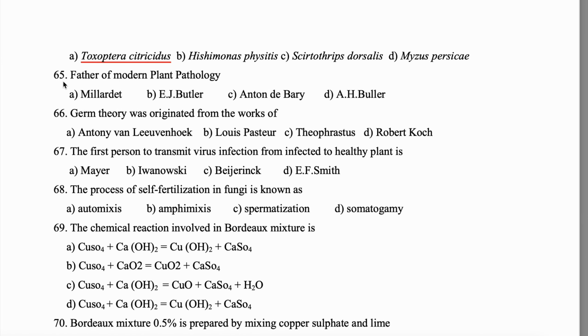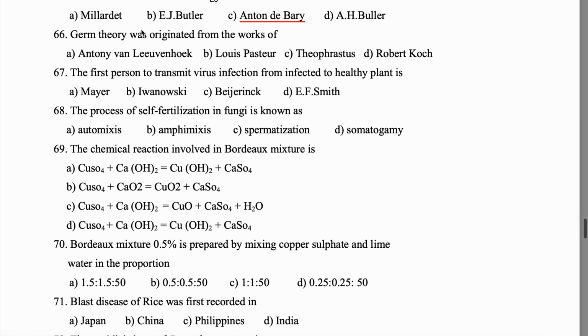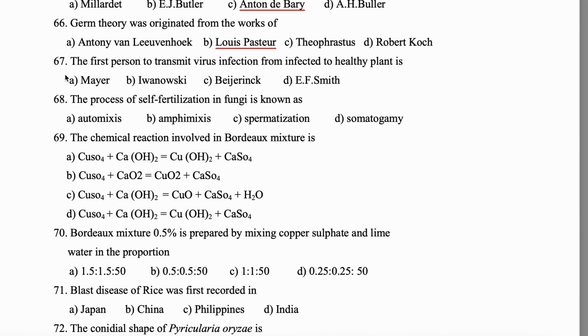Next question 65. Father of modern plant pathology. It is Anton de Bary. Next, germ theory originated from the works of Louis Pasteur. Next, the first person to transmit virus infection from infected to healthy plant is Mayer.